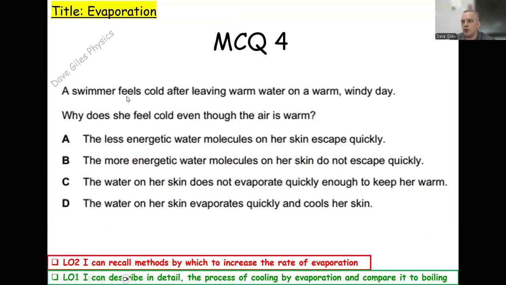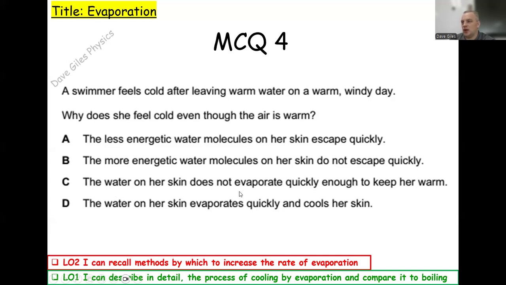Question 4. A swimmer feels cold after leaving warm water on a warm, windy day. Why does she feel cold even though the air is warm? So we'll start from the top. The less energetic water molecules on her skin escape quickly. It's the most energetic, so it's not that. The more energetic water molecules on her skin do not escape. Well, they do, so it's not that.